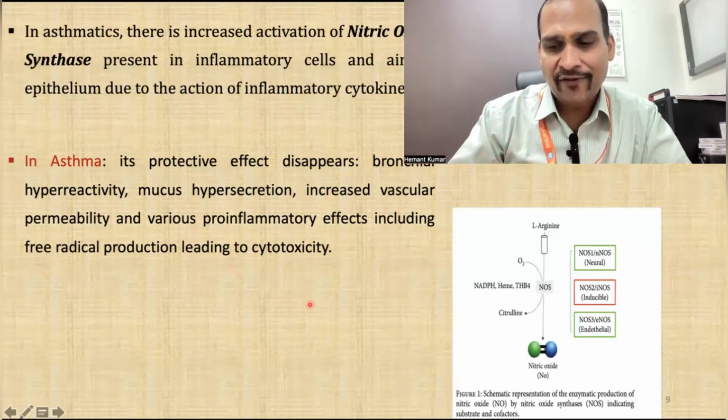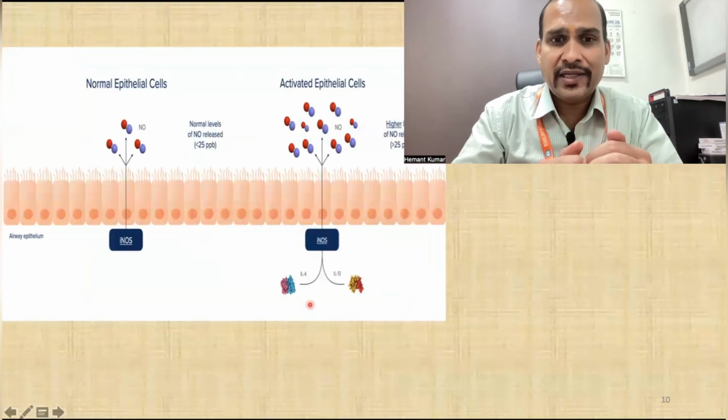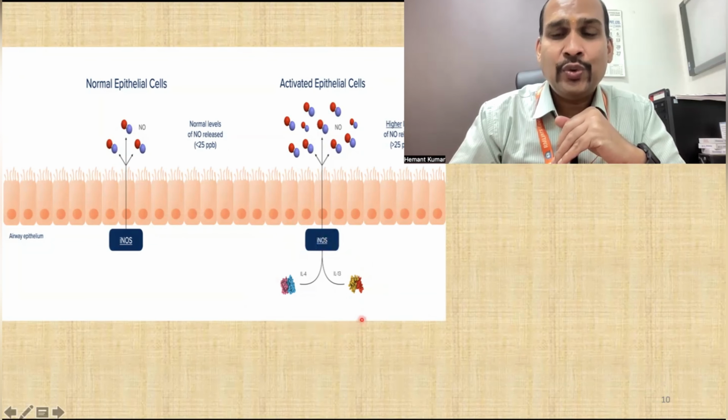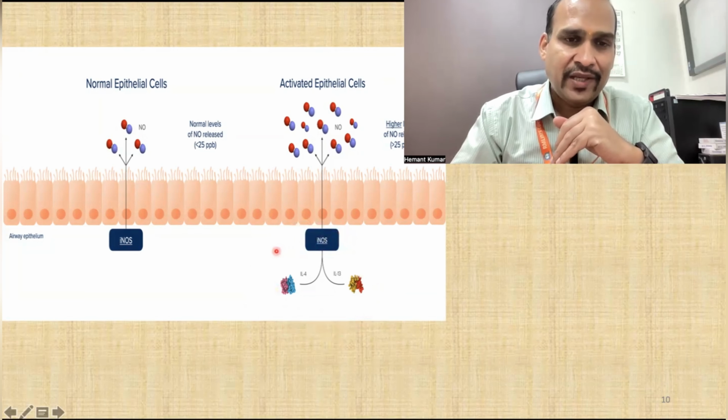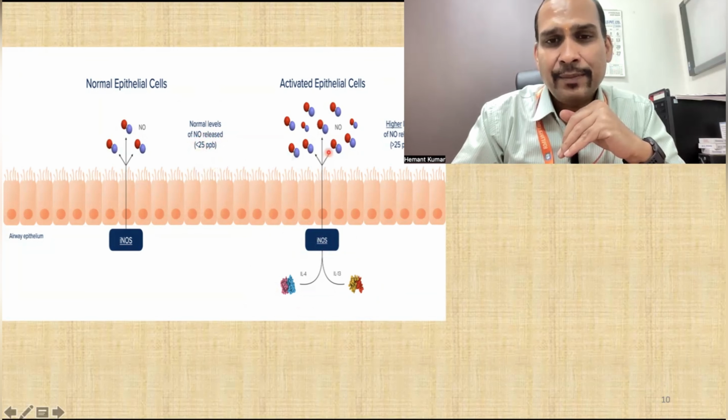So this excess of nitric oxide is harmful, and it is produced with the help of cytokines due to eosinophilic asthma. The normal is less than 25 parts per billion. But in case of asthma, it is more than 25.